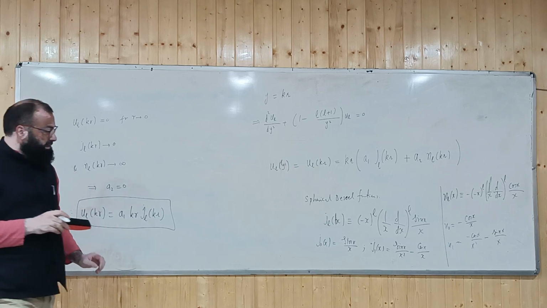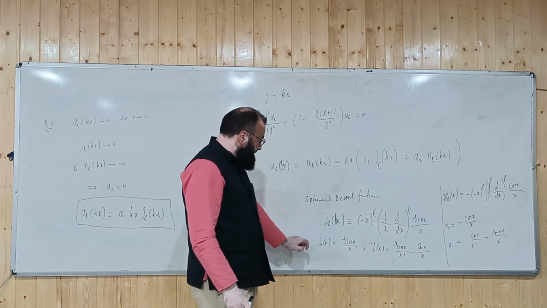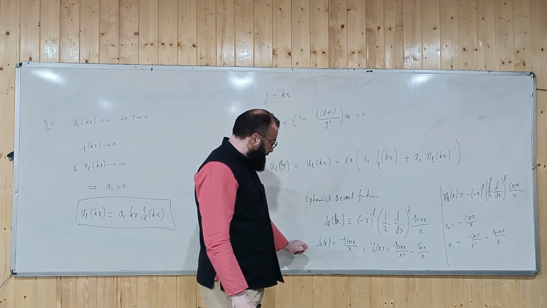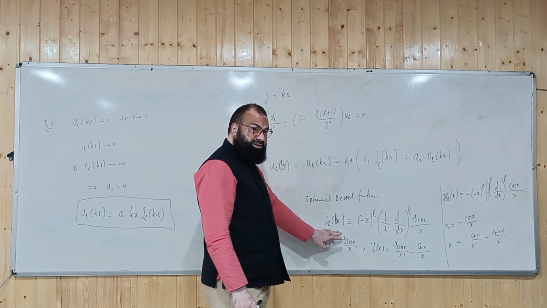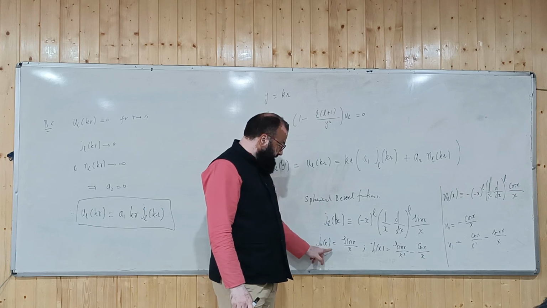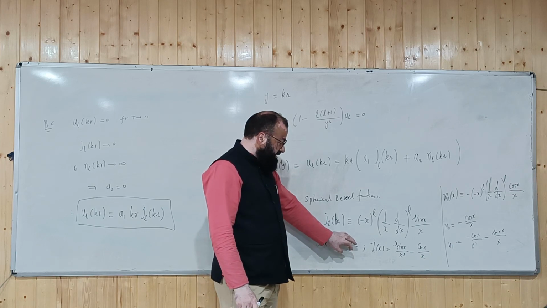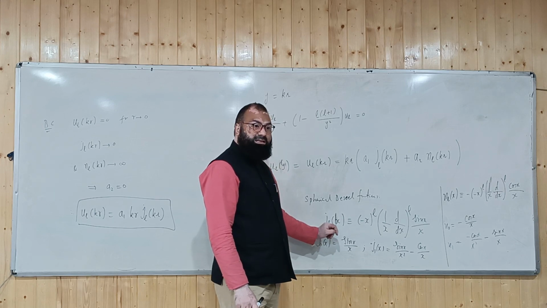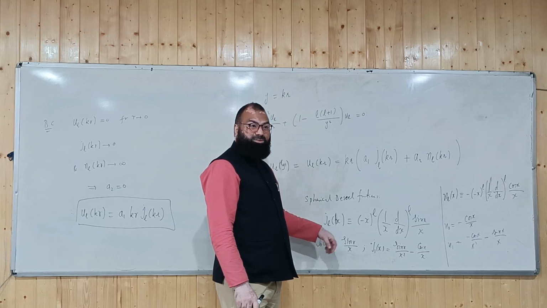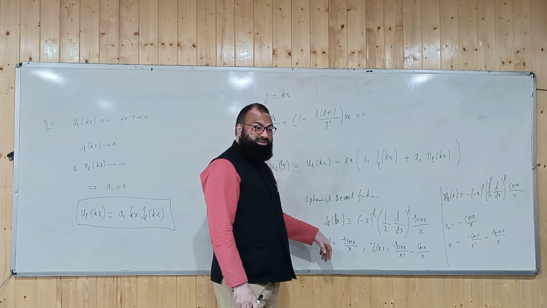And one more point. Now let's look at the behavior of this j_l(x) for small x in general. Now look here. When you take x tends to 0, this goes as 1. Clear? But do you think there appears some l dependence? So what is the behavior?